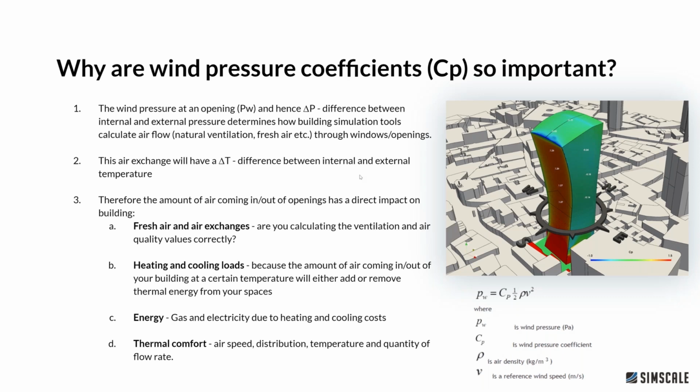And these are all going to affect various things in your building design. For example, if you've got an inaccurate pressure difference defined, then this is going to affect the air change rates and also the air flow rate going through. Of course, these have a knock-on effect on things like the temperature, the thermal comfort, and the energy costs involved with heating and maintaining a building.